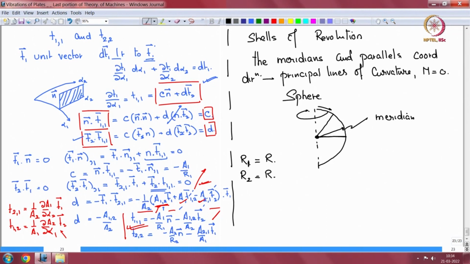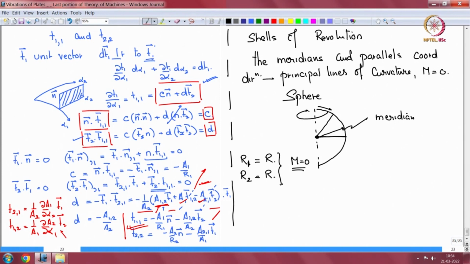So both r1 and r2 are equal to r for the sphere, and these are the principal lines of curvature, and M will be 0 for this case. Okay.